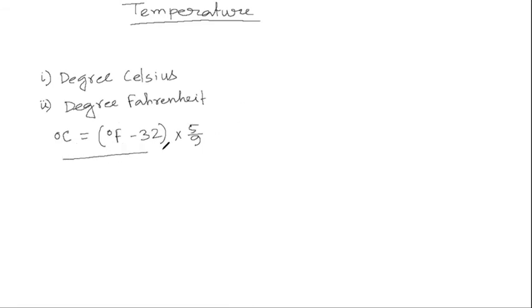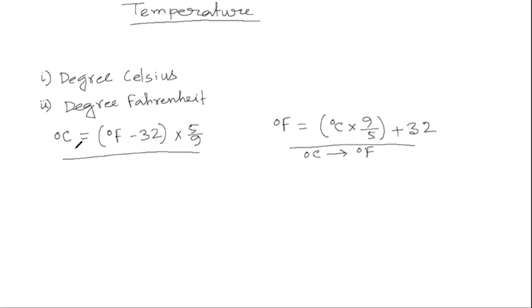And the second formula is degree F equals degree C into 9 by 5 plus 32. We use this formula to convert from degree Celsius to degree Fahrenheit.